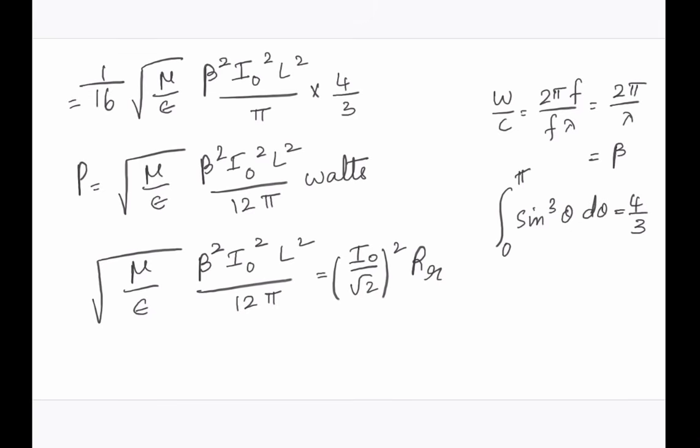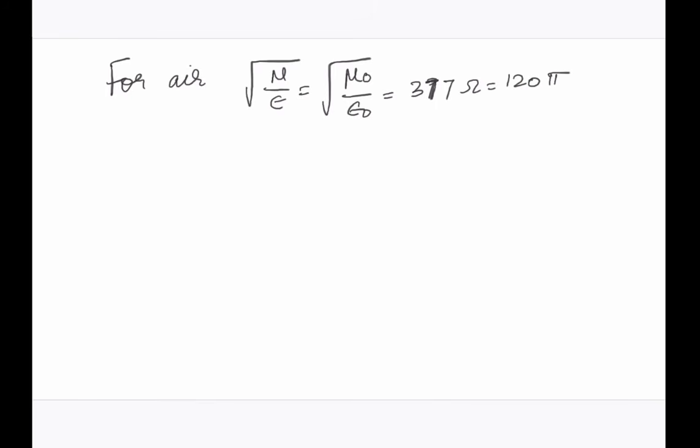So I naught square will get cancelled. What remains is RR equal to root of mu by epsilon beta square L square by 6 pi. If you consider air or vacuum, root of mu by epsilon will be equal to root of mu naught by epsilon naught, which is equal to 377, or 120 pi ohms.